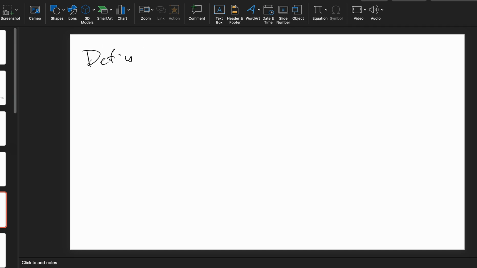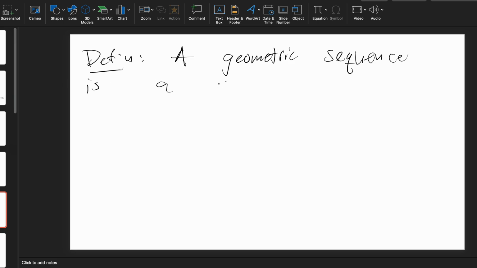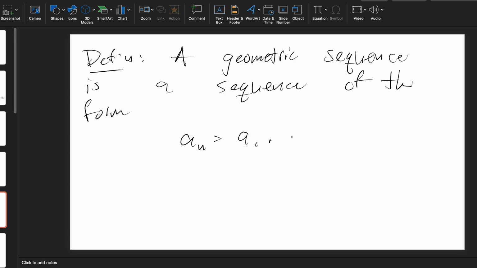Definition: a geometric sequence is a sequence of the form a sub n is a sub 1 times r to the n minus 1. Again, we have this n minus 1 term here. Why is that? Well, it's for similar reasons as in the preceding example.